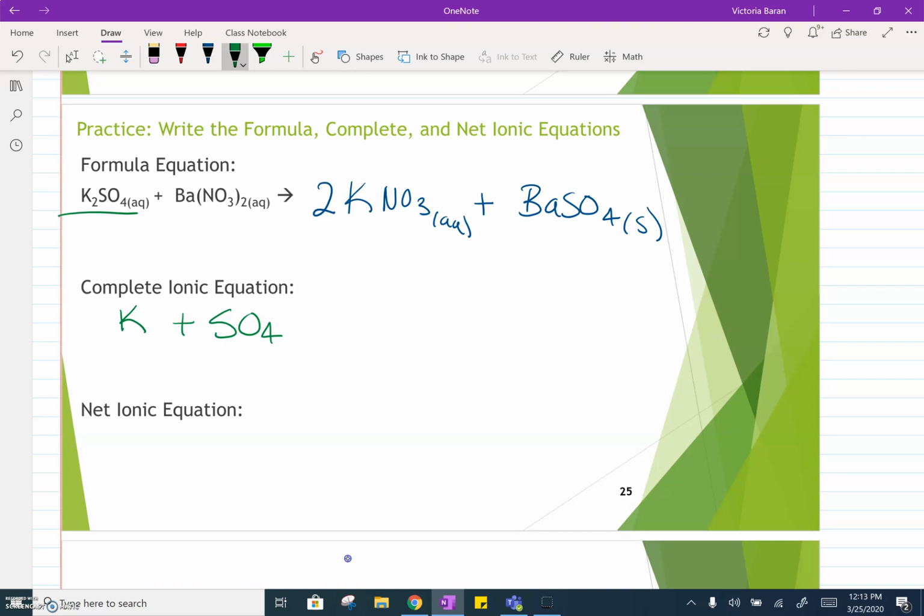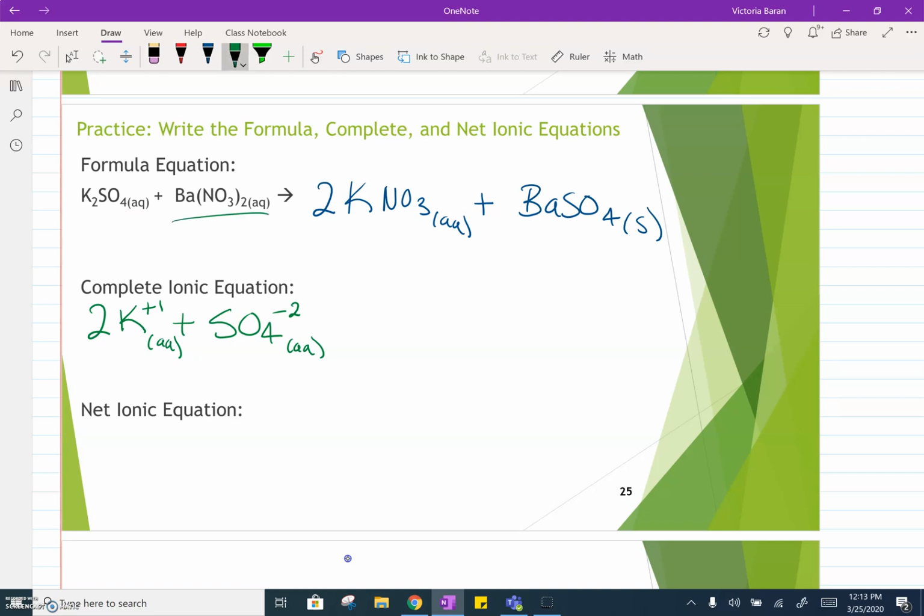SO4 is a polyatomic ion. We have to write the charges on those. This is +1. And the SO4, that is -2. And we have to write AQ for aqueous for both of them. And then notice that there was 2 potassium here. So I'm going to have to put a 2 in the front. So that's this first one right here.